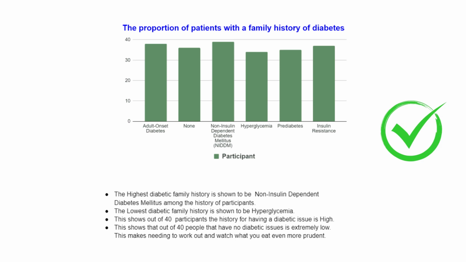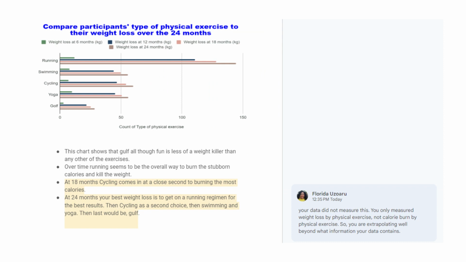I'm going to show you an example of an interpretation that wasn't done appropriately. This is an example, and one of the comments that I made said, your data did not measure this. So that is the charts that they have. And in the one that I highlighted, it says at 18 months, cycling comes in at a close second to burning the most calories.